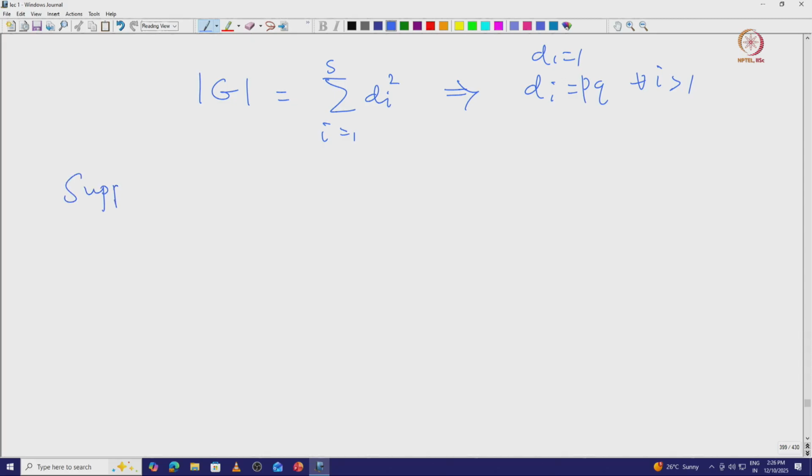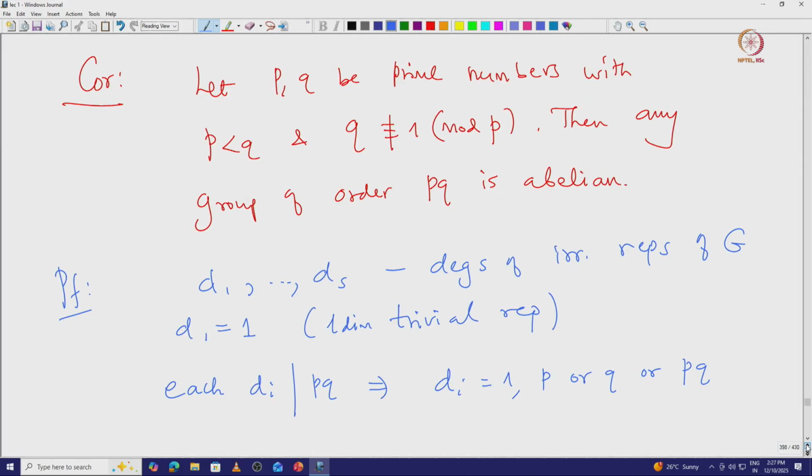Suppose d_i is q. Then the cardinality of G, which is pq, is greater than or equal to 1 plus q squared, which is greater than or equal to q squared. That would imply that p is strictly greater than q, which is a contradiction because we assumed that p is strictly less than q.